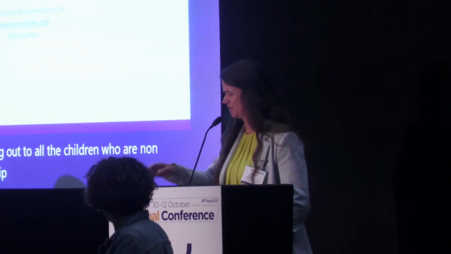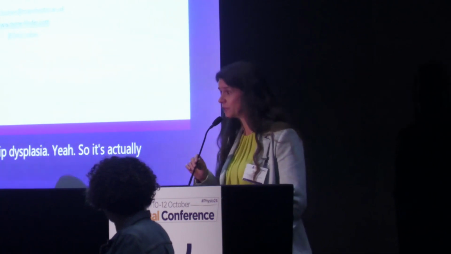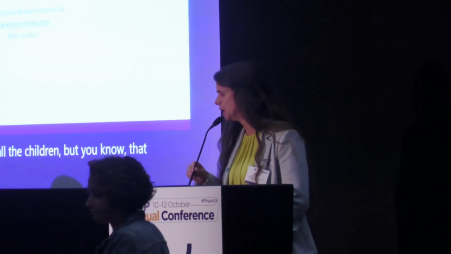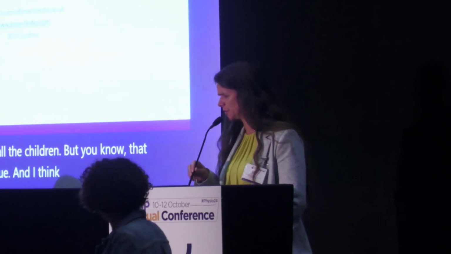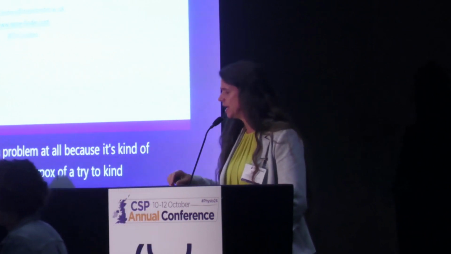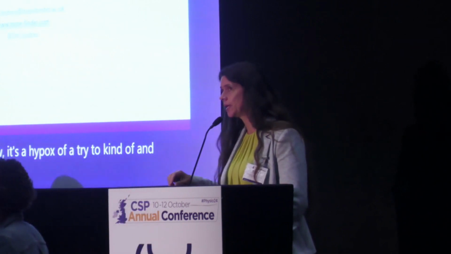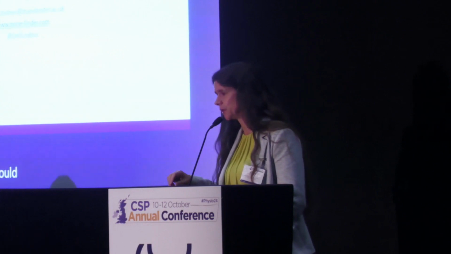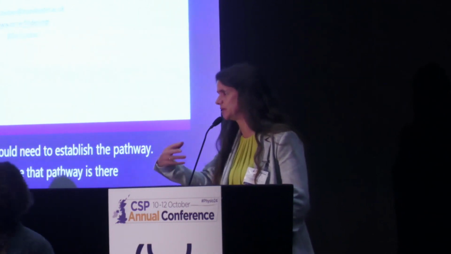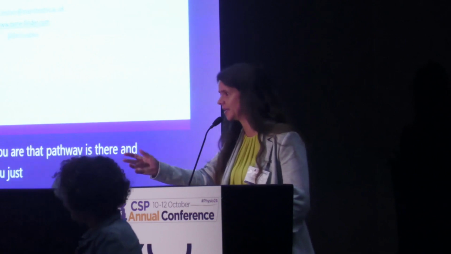Yeah, so it's actually something I've heard before from a different trust who said, "Oh no, we're measuring all the children, but that might be an issue." And I think from the technology point of view, that's not a problem at all, because it's kind of the same thing. It's a hip of a child to measure. It's more probably one would need to establish the pathway. So it sounds like where you are, that pathway is there, and once it's implemented, you just do it, and it's fine.